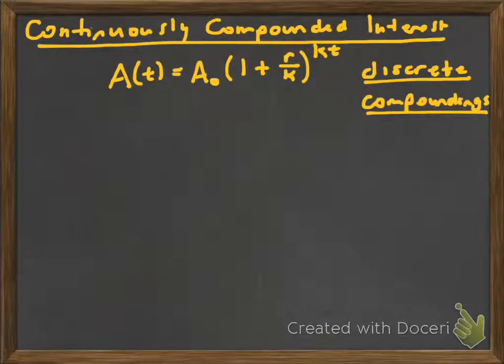Discrete means countable. A number is given, as opposed to continuous. If something is happening continuously, can I count it? No. For the same reason I can't count the numbers between 0 and 1, because there's an infinite number of numbers there. Same kind of idea. You can't count that which is not countable. And these are the countable versions.